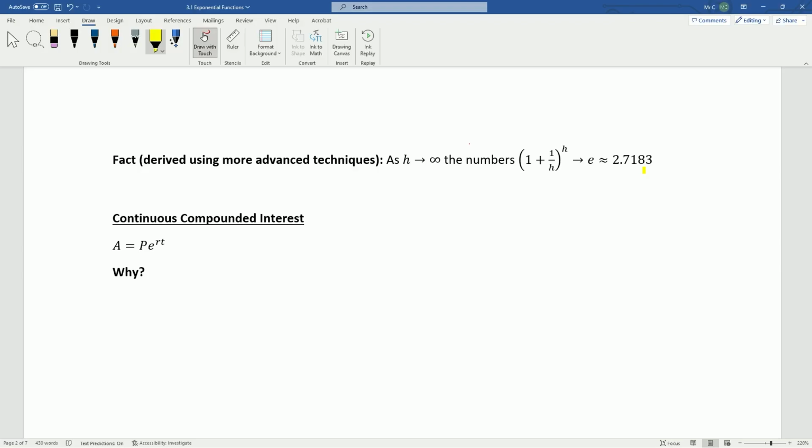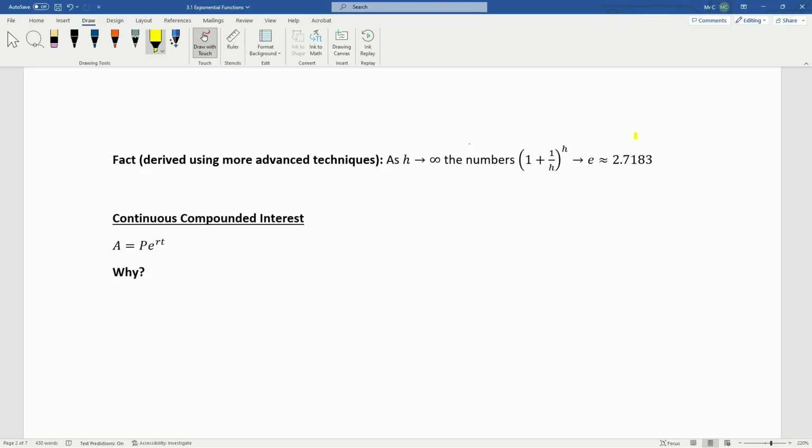It's actually pretty tricky to show that. To show that this thing approaches a fixed number and to compute that number to any accuracy is a bit beyond the techniques we have. In Calculus 2, you'll have the techniques you need to do that kind of work. But we don't have those techniques here, so we're just going to cite that fact and use it.